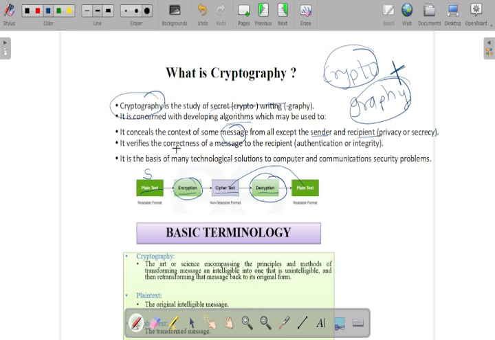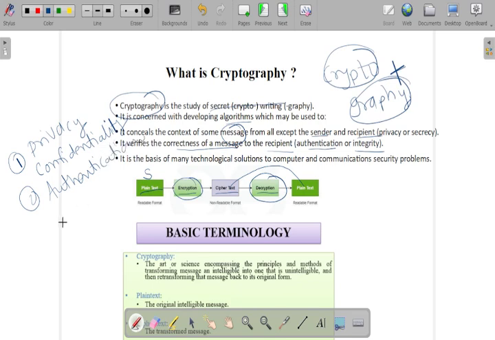It also verifies the correctness of the message on the recipient side, so we are maintaining the authentication as well as the integrity of the data. With the help of cryptography, we can maintain privacy, that is the confidentiality of the data, and second, authentication as well as integrity of the data.